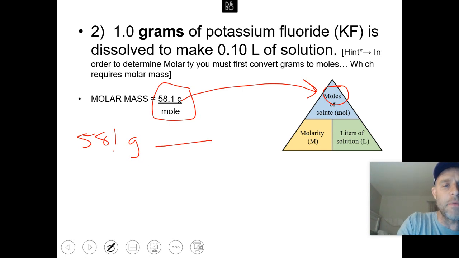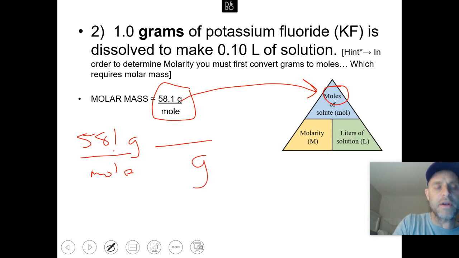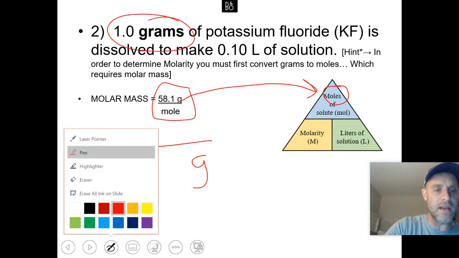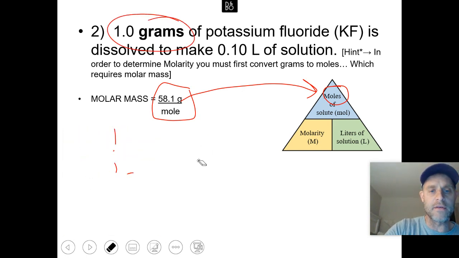So if it's on top over here, I have moles on bottom. Okay, if it's on top over here, how do I get rid of grams? I've got to put it down here. And what do I have? Well, that doesn't make sense. I don't get it. Okay, let's start a different way. Let me start over because I confused myself even on that.